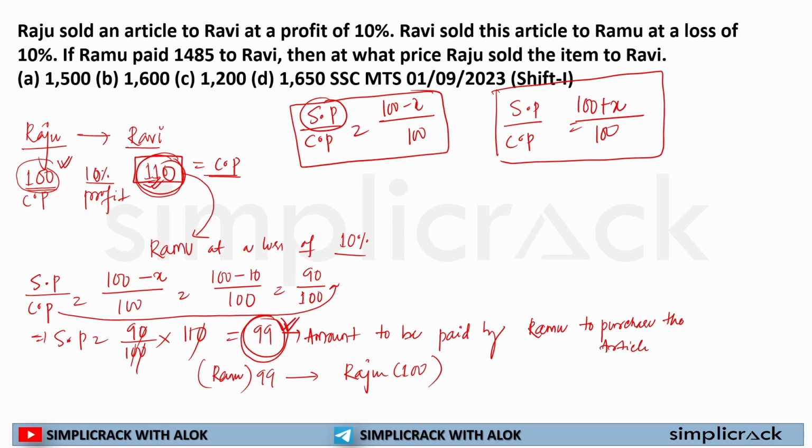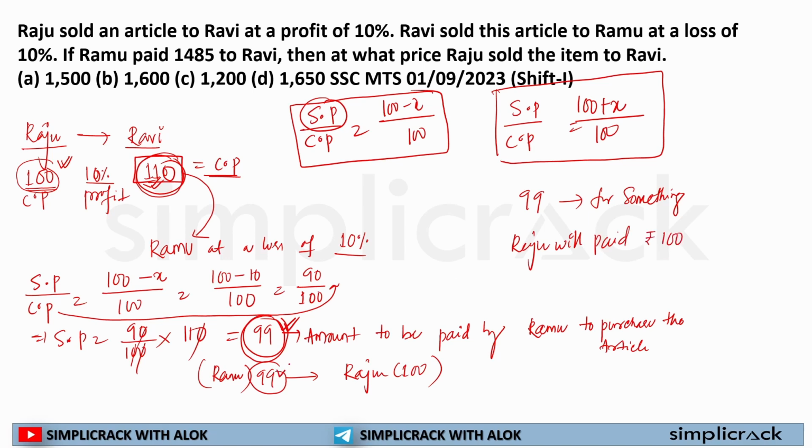Or I can say the article for which Raju paid 100 is 99 for Ramu. So if Ramu pays 99 for something, Raju paid 100 for that. I hope this is clear to all.